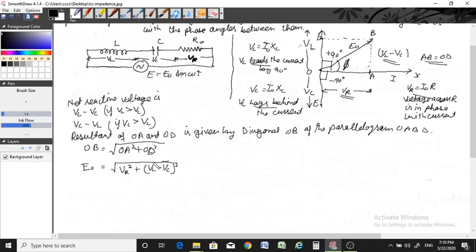Now we will put the values. VR is equal to I naught R, VL is equal to I naught XL, VC is equal to I naught XC.